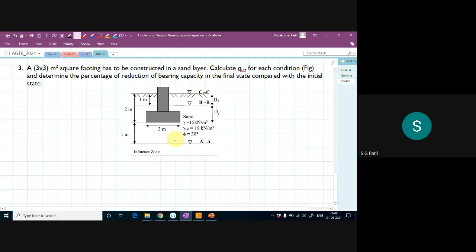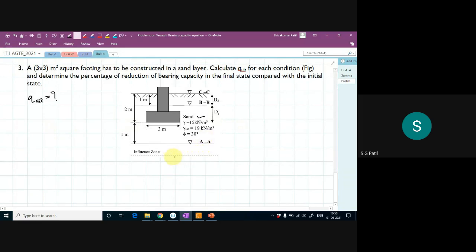This is sandy soil. They are asking you to calculate Q ultimate for each condition in the figure, and determine the percentage of reduction of bearing capacity in the final state compared with the initial state. So they are asking you to calculate 4 cases here.